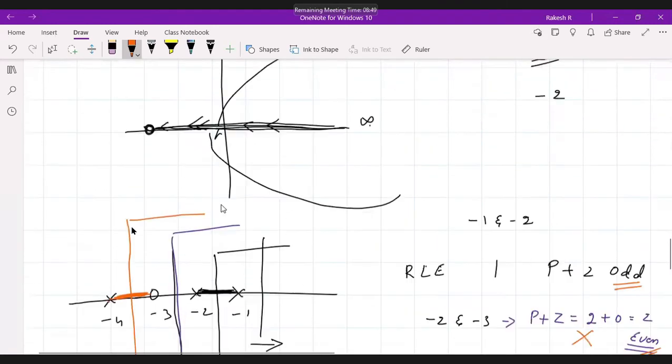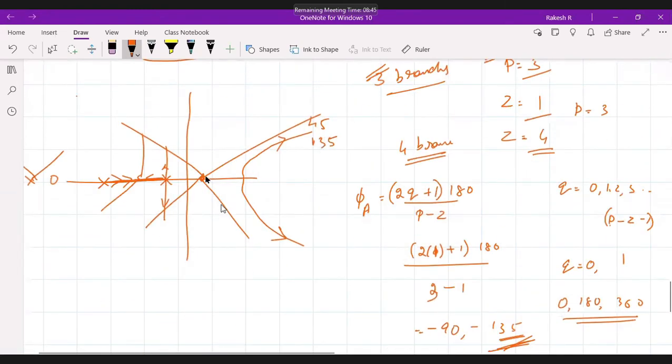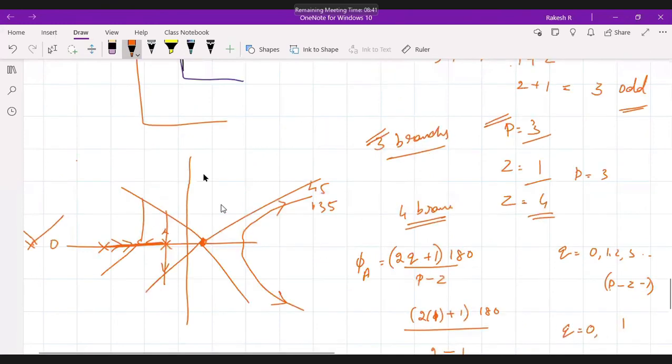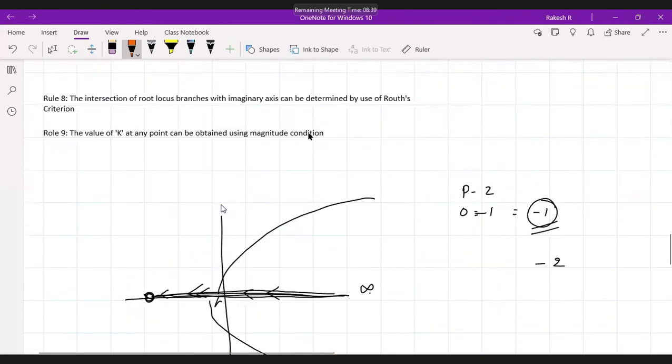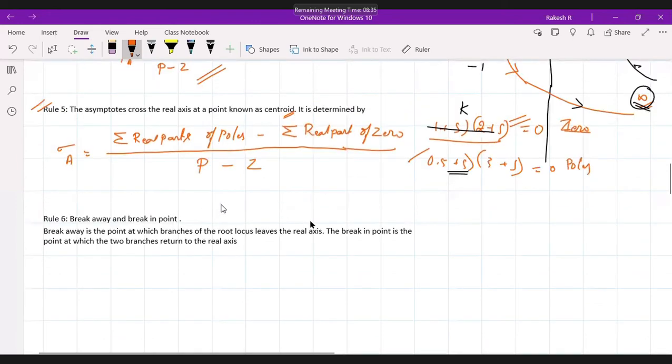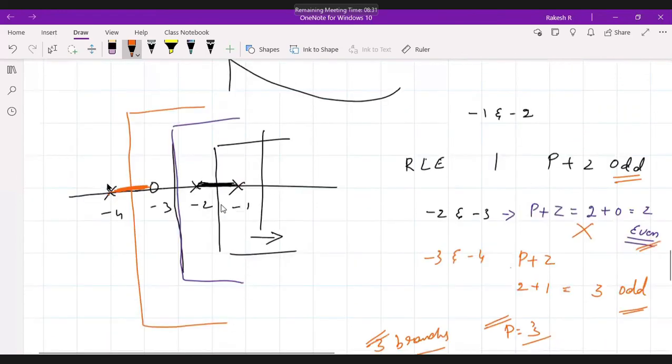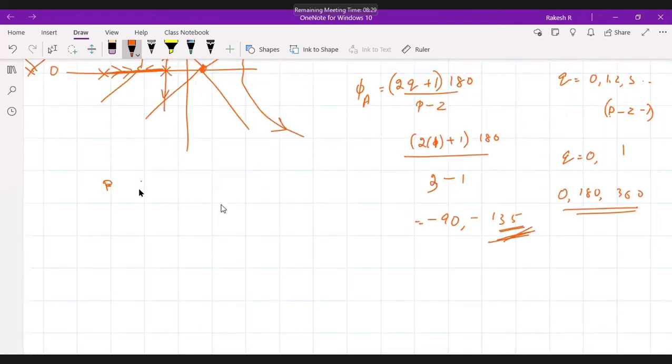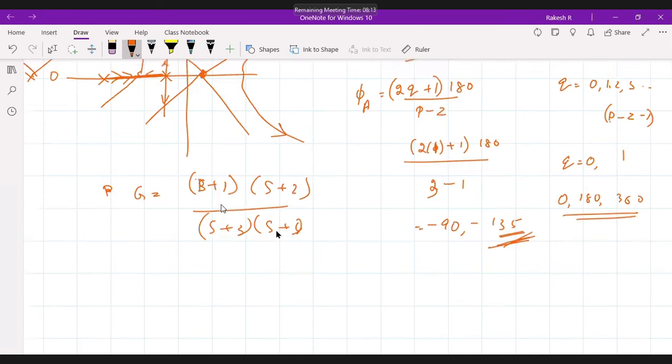To find this centroid point, we use this formula: summation of real parts of poles minus summation of real parts of zeros divided by P minus Z. Summation of real parts of poles means, when I take some question, say G equals K (S plus 1) into (S plus 2) divided by (S plus 3) into (S plus 4), we need to find the centroid.